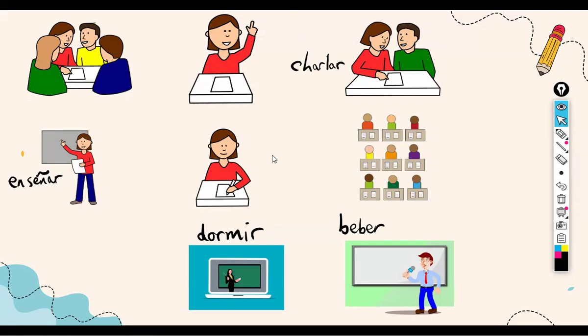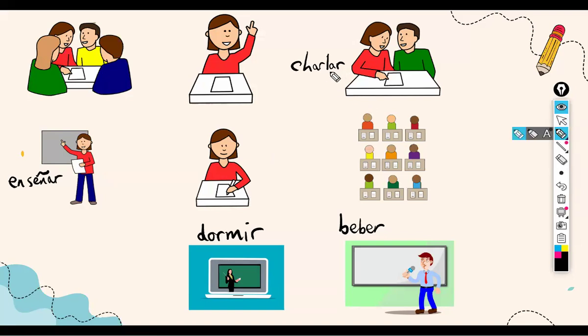Yes, good. Even though it sounds a little strange, the first one. What is the first one? If you go to charlar first. I don't know if you all have noticed yet, but if you put it into Google Translate, they will give you the infinitive as the command, right?